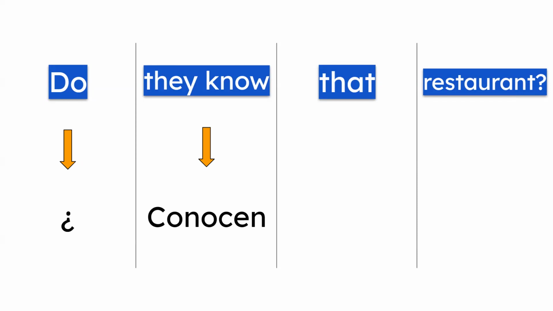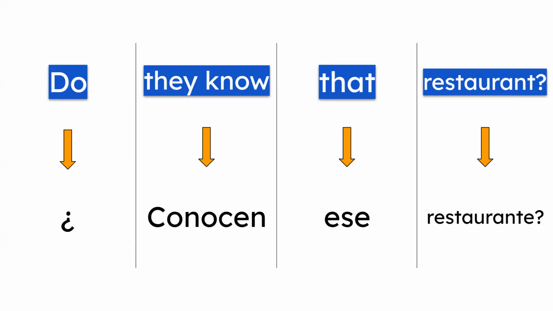It's masculine, right? El restaurante. So that needs to go ese. ¿Conocen ese restaurante? Hey, do they know that restaurant? ¿Conocen ese restaurante? Come on, say it. Muy bien, amigo or amiga.